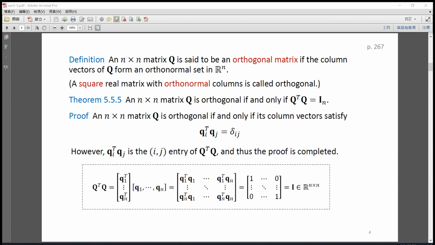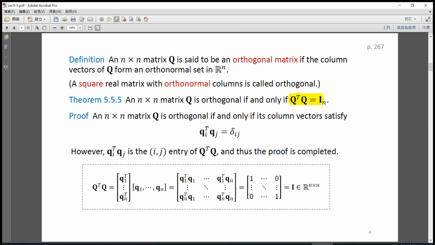We know that Q transpose Q equals the identity matrix implies that the column vectors of Q form an orthonormal set. And because Q is a square matrix, we also have QQ transpose equals the identity matrix.